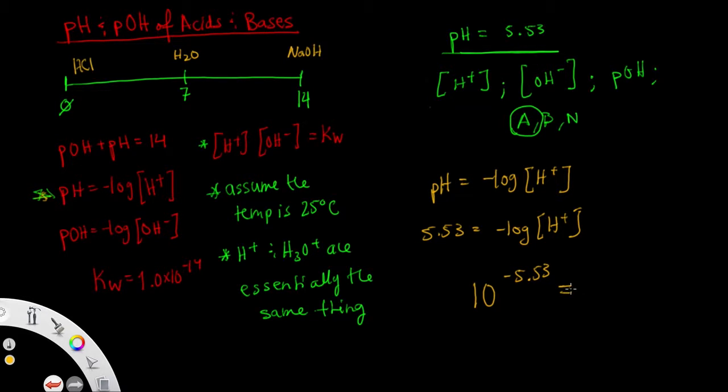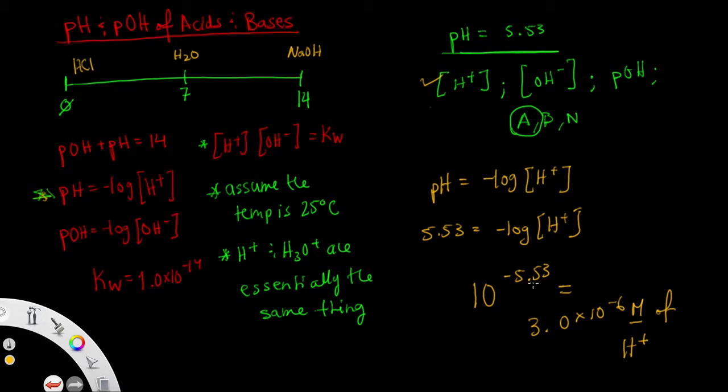Type that into our calculator and get the answer 3.0 times 10 to the power of negative 6 moles per liter of H plus.